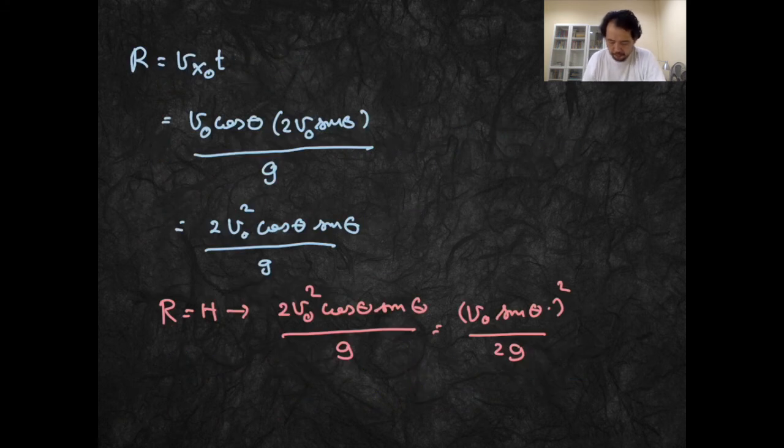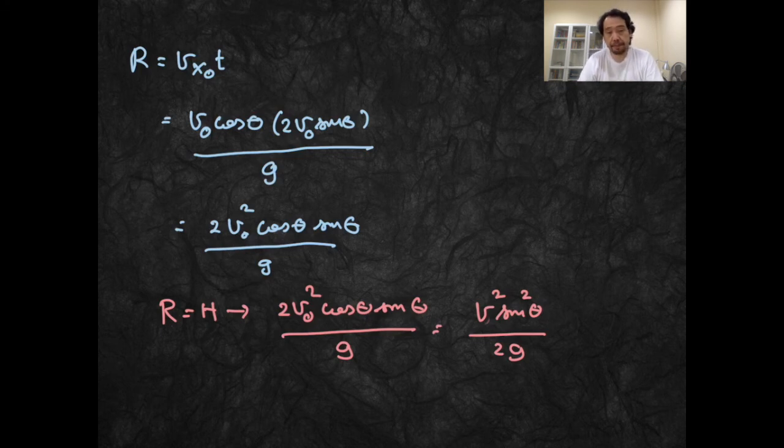Now let's see. If we put the square inside, we get v0 squared sine squared theta over 2g.